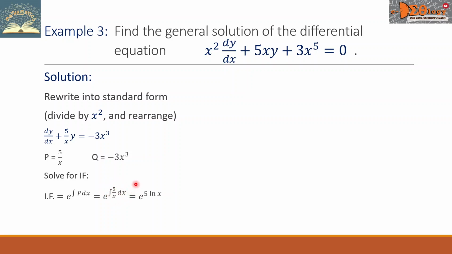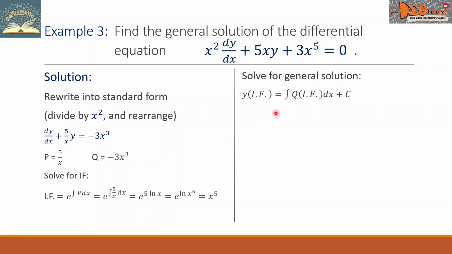Simplifying the integral, we will have this e raised to 5 ln of x. Then we use the principle of logarithm. We can rewrite our exponent into ln of x raised to 5. And this e with the ln will cancel each other, and we simplify this further into x raised to 5. This is now our IF.